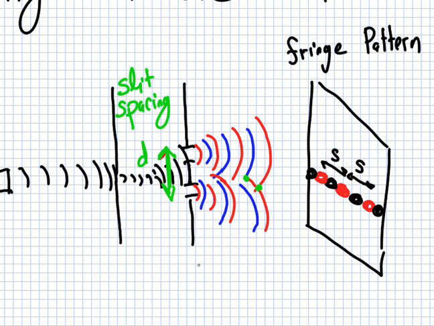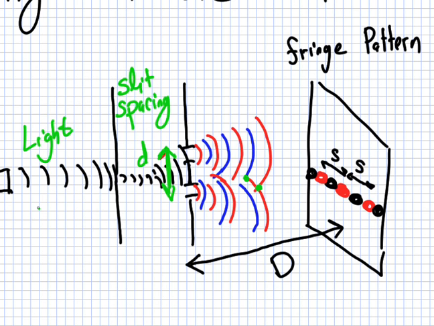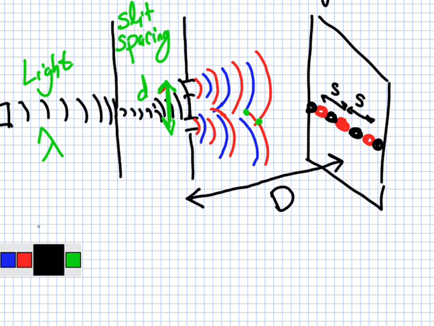The distance between the equipment and the wall, we'll call that big D. And finally, your light here has a wavelength of lambda. Oh sorry, not finally, there's one other thing.